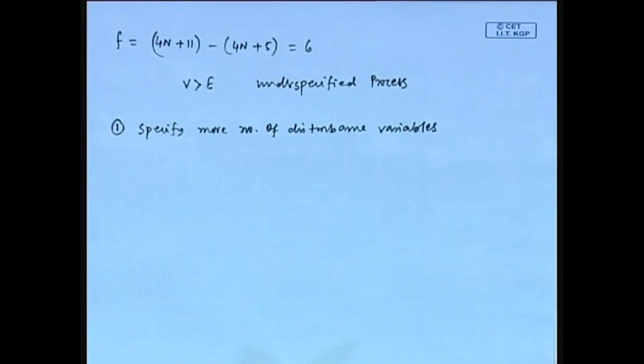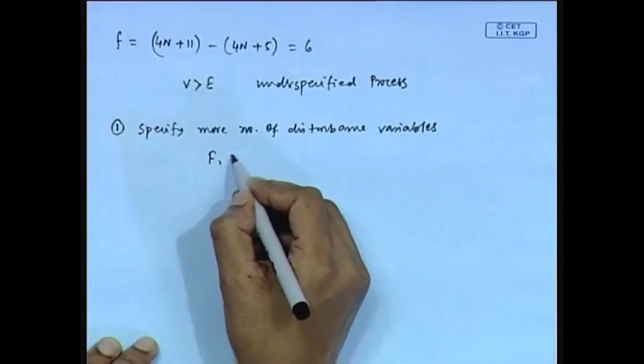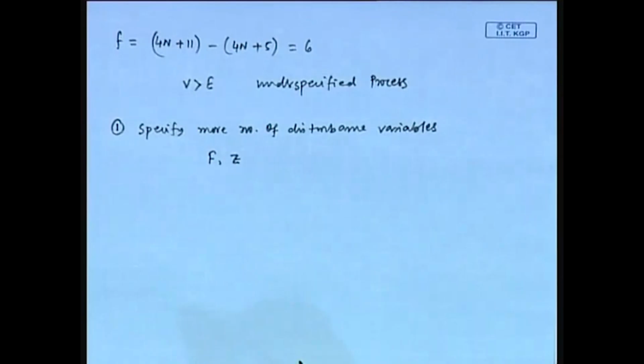To reduce f to 0, we can specify more number of disturbance variables. So, what are the disturbance variables involved in this distillation process? One is F, another one is Z. F is feed flow rate and Z is feed composition.